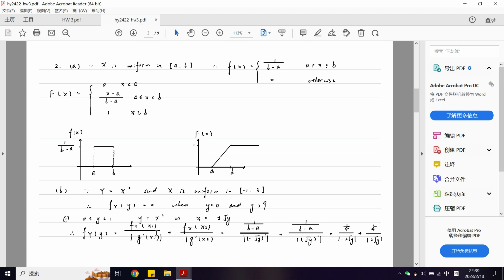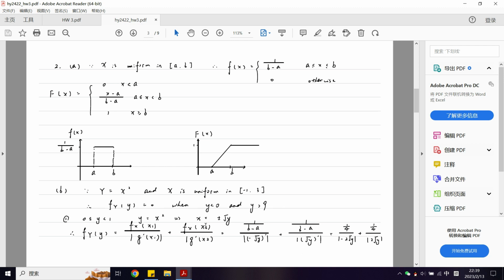So small fy equals small fx1 divided by the absolute value of the derivative of g at x1, plus small fx2 divided by the absolute value of the derivative of g at x2.